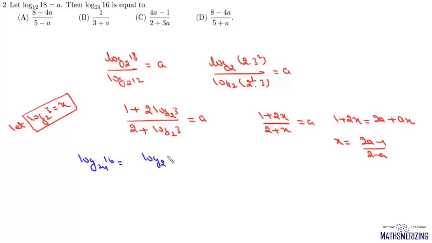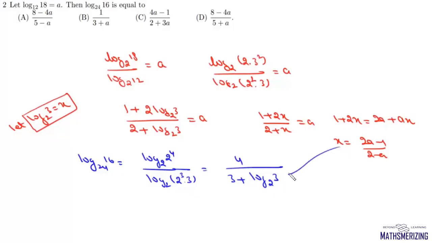Now we'll write this as log 2 to the power 4 base 2, and it'll be log 2 cube into 3. Now this is simply 4, and this is 3 plus log 3 base 2, which is nothing but x.